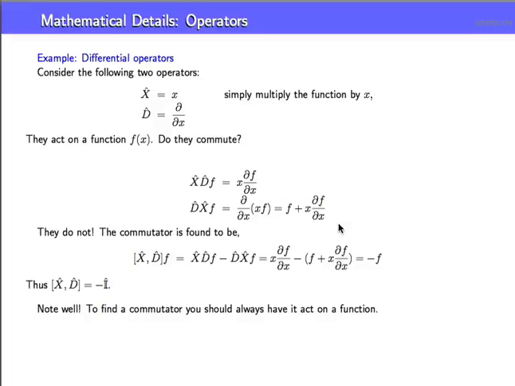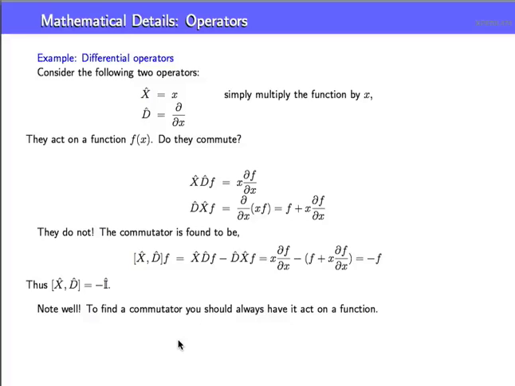So they do not commute, because we do not get the same function. And we can calculate the commutator just by plugging in. Again, the commutator has to be carefully treated because you always have to act on the function. And what we get is minus f. So it's not equal to the identity, or actually it's equal to the minus identity, I should say, but it's not equal to 0.